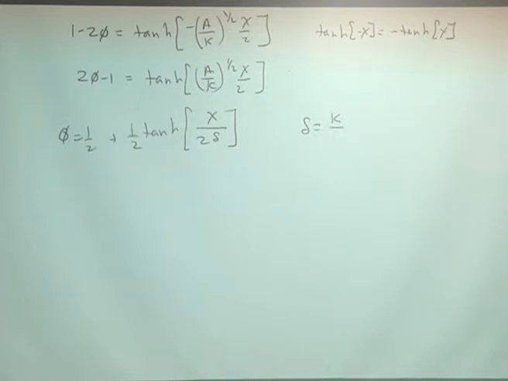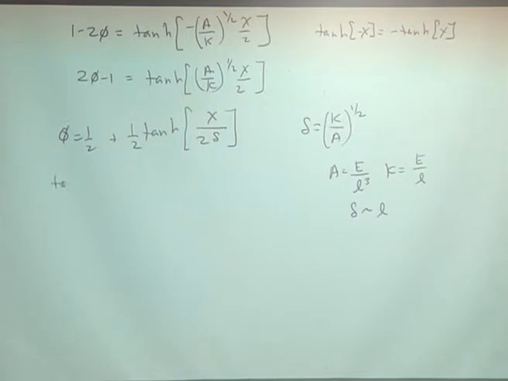So A is equal to an energy per volume, or length cubed. K is equal to an energy per length. That's the gradient energy coefficient. And so you can see that delta has units of length. So it's a characteristic length of the interface. And this is kind of a key factor here.